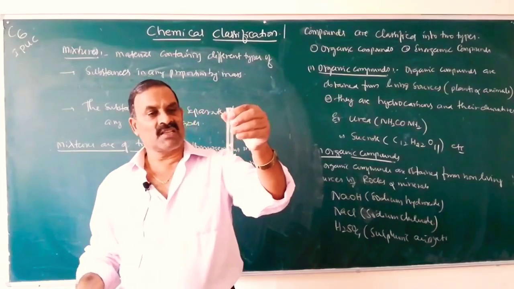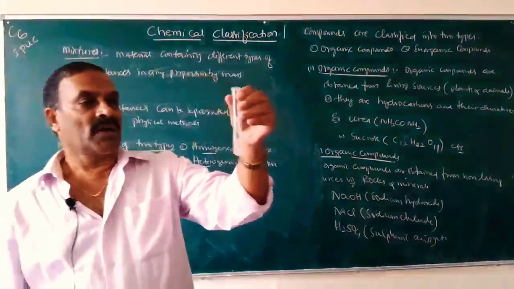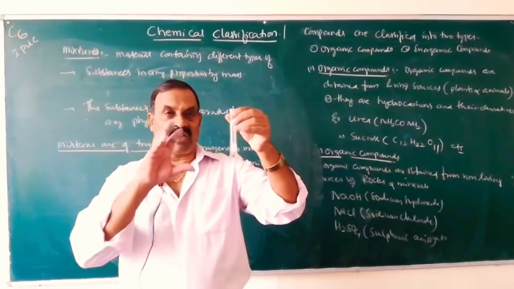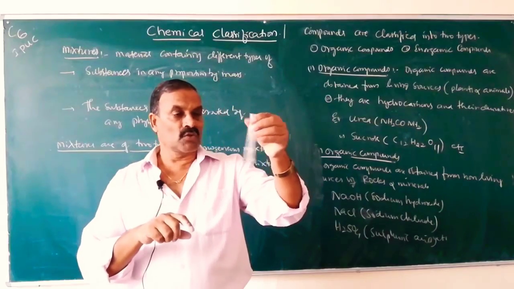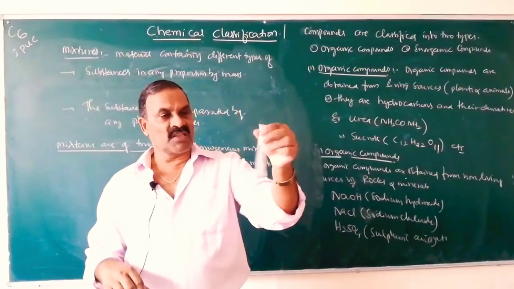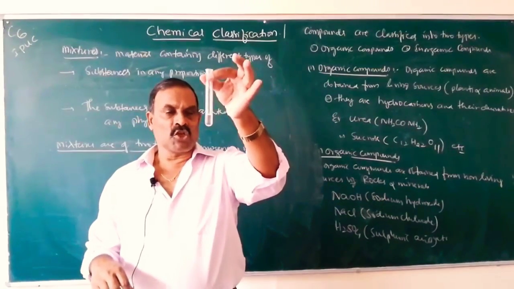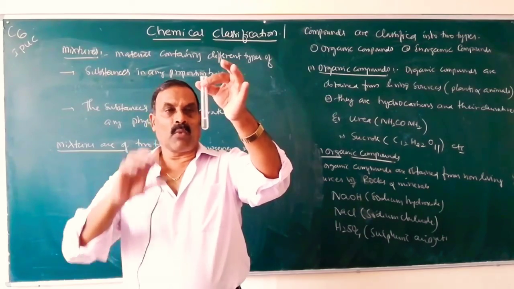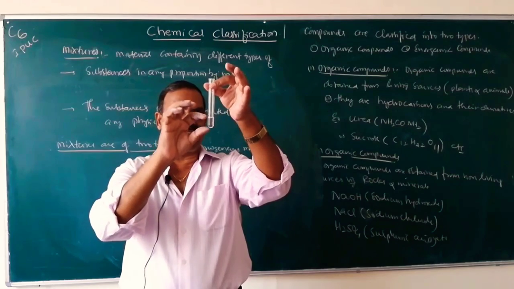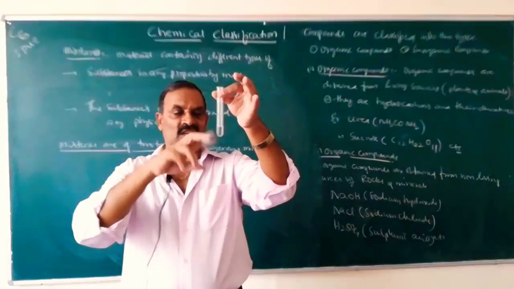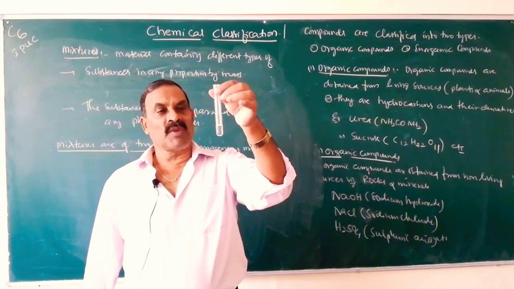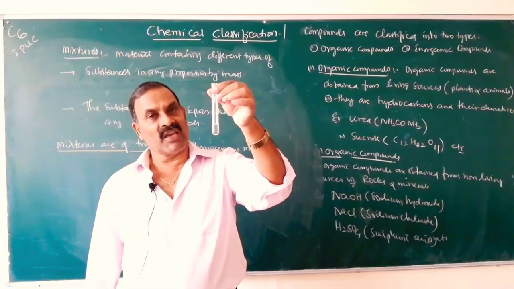If I shake these two substances, what happens? Water is one component, sodium chloride is another component. When these two are mixed and shaken well, you will get a one layered substance. This is a single layer or single phased substance.